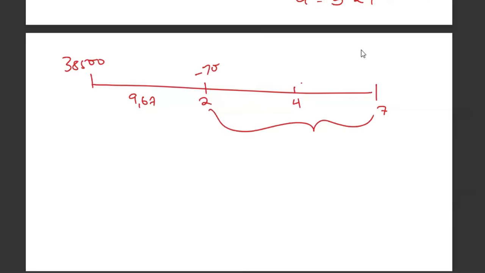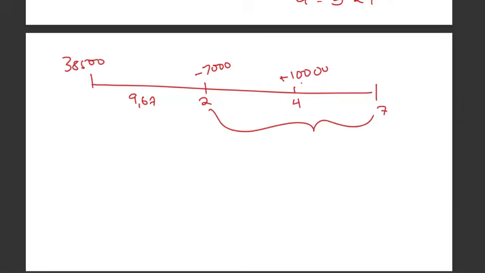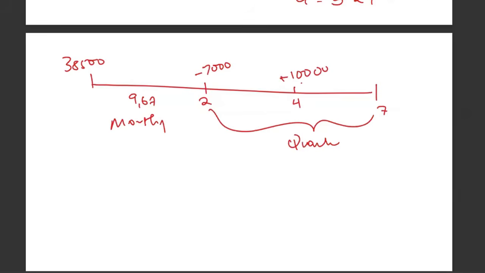There was a 7,000 taken, there was a 10,000 deposited. Okay, I think that's all the information we have. Oh, there's a monthly. This is quarterly. The quarterly one is 9%.